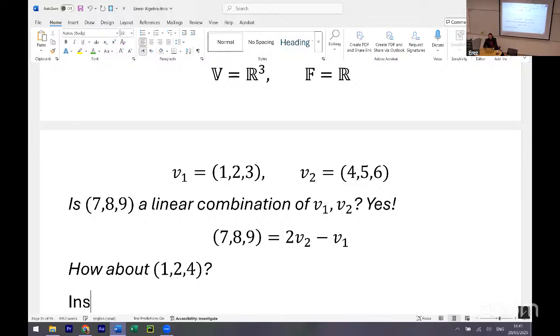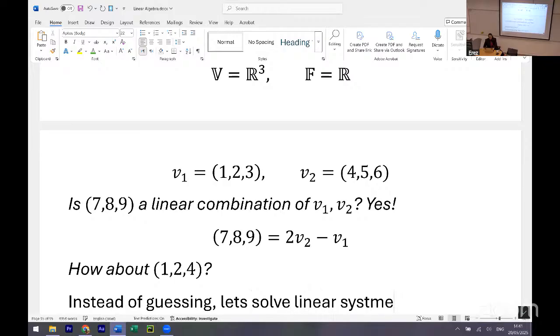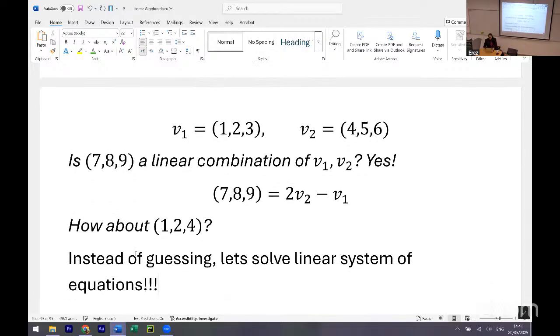Instead of guessing, let's solve a linear system of equations.